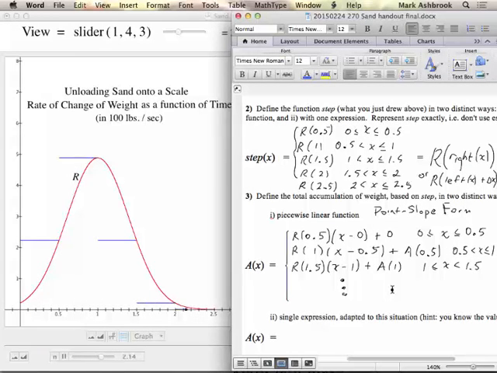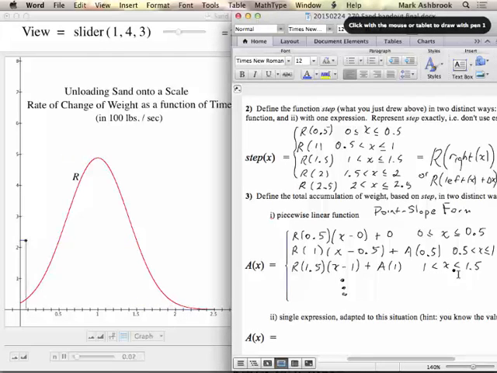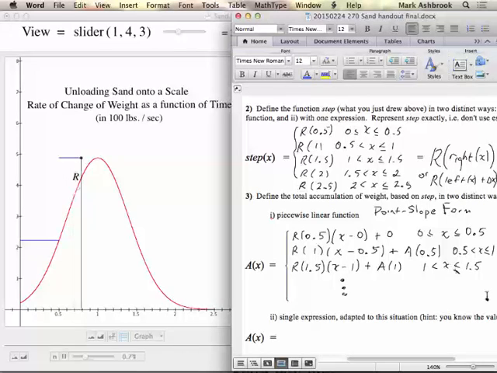Just the thing is this could be less than x, then less than 1.5. Just swap. Yeah, thank you. If we do R of 0.5, it'll take the left side.